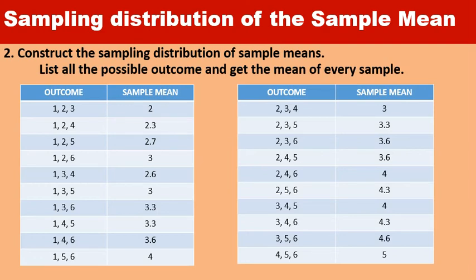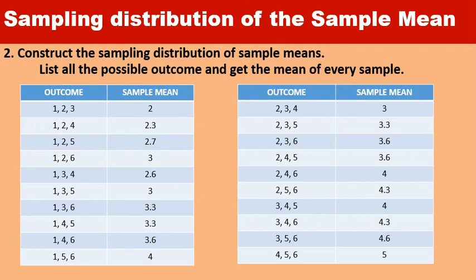The first outcome would be 1, 2, and 3. Then get the sample mean of 1, 2, and 3. To get the sample mean, add 1, 2, and 3. That would be 6, and then divide by 3. You will have 2. Next outcome, 1, 2, and 4. Add, so you will have 7. Divide by 3, you will have 2.3.